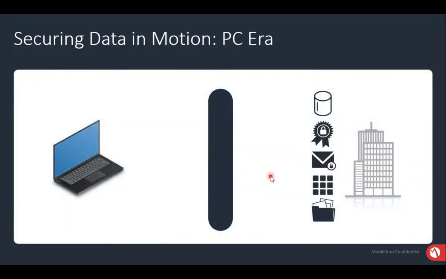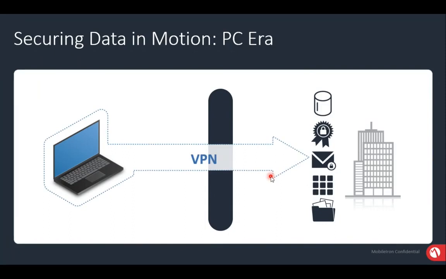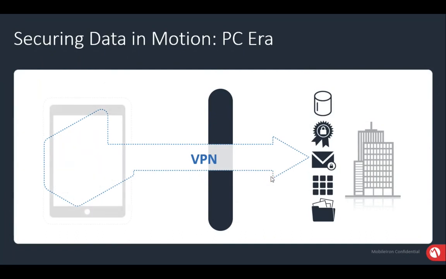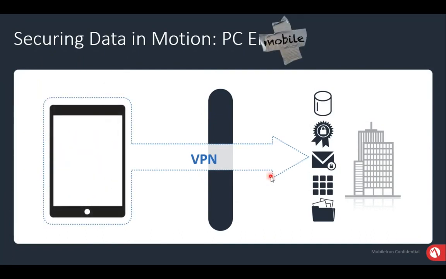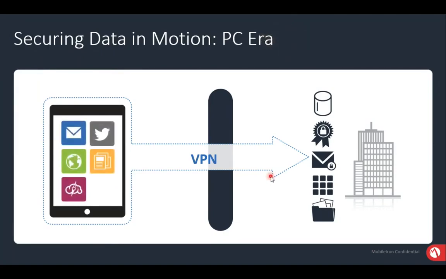So this is how, traditionally, people used to connect to the backend resources. They would have a traditional VPN, and this VPN would take them to the backend resources. Now we are talking about mobile users. How VPN works on the desktop is totally different from VPN working on mobile devices. So that is where Tunnel comes into place.